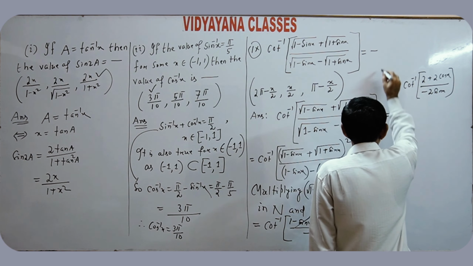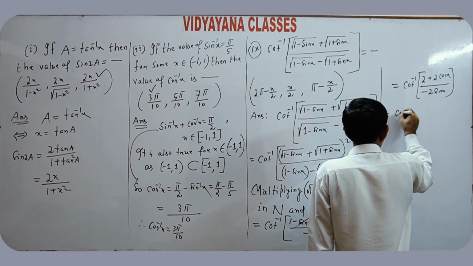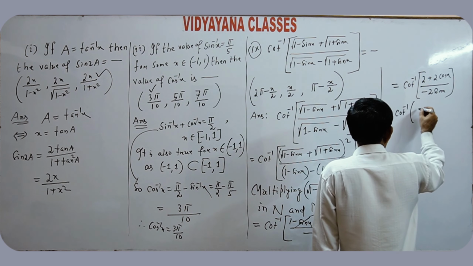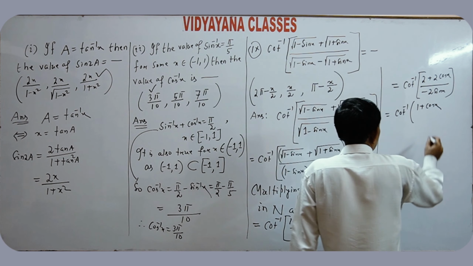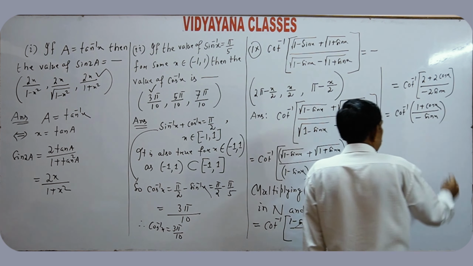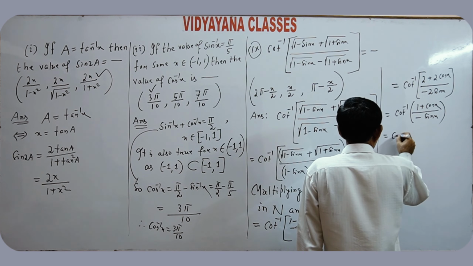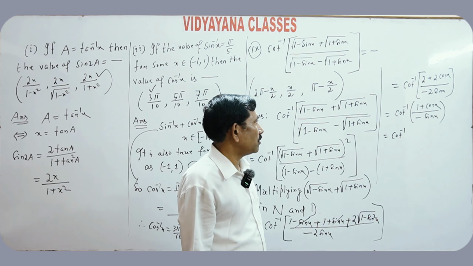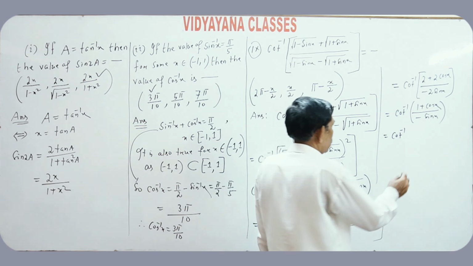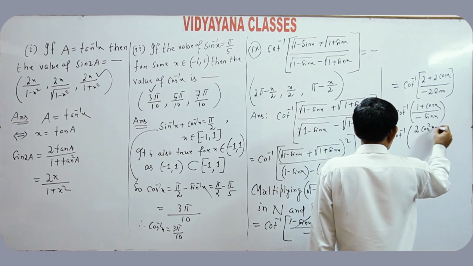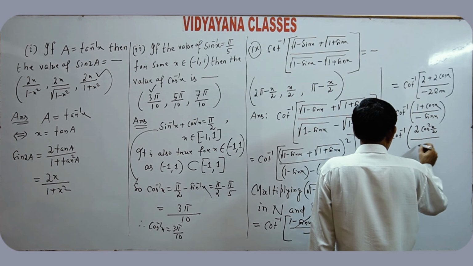which is same as cot inverse 1 plus cos x divided by minus sin x. 2 cancel, which is same as 1 plus cos x. 1 plus cos x is equal to 2 cos square x by 2, divided by minus 2 sin x by 2 into cos x by 2, which is same as cot inverse cos x by 2 cancel, 2 cancel, that is minus cot x by 2.